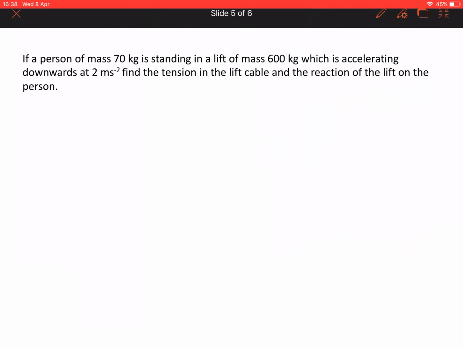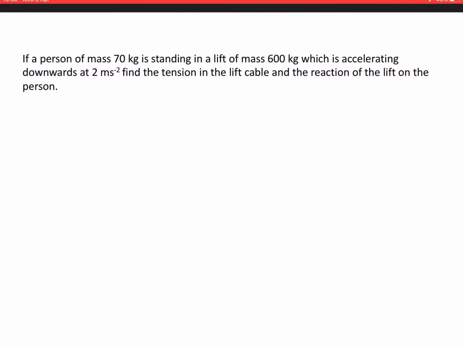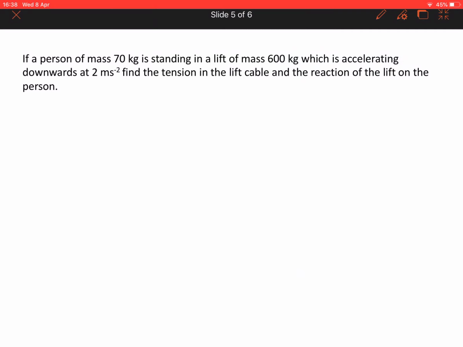Okay, so what happens when we are now accelerating downwards? If a person of mass 70 kg is standing in the same lift of mass 600 kg, but this time it's accelerating downwards at 2 meters per second squared, we're going to find the tension in the lift cable. Same as last time, I'm going to put the person into the lift and look at the total forces.